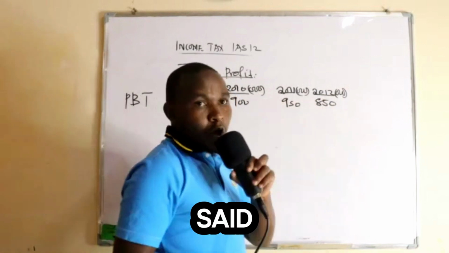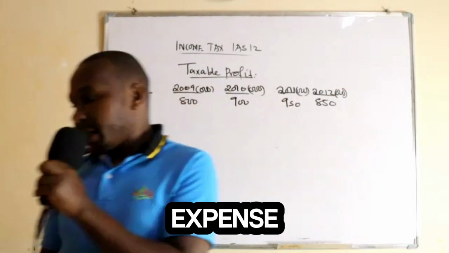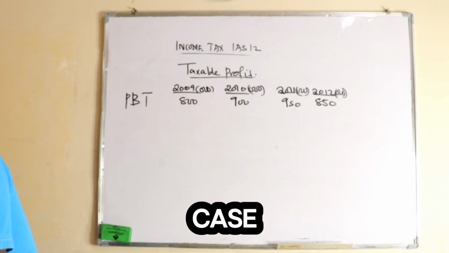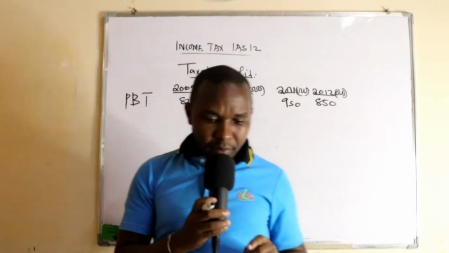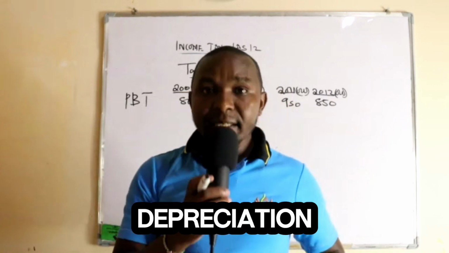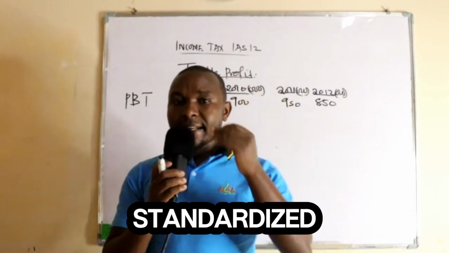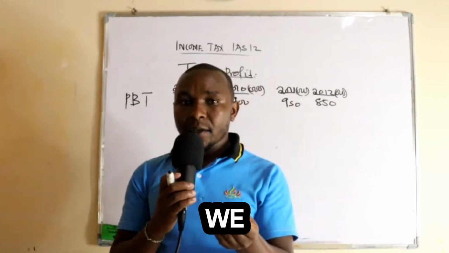We said we add back disallowable expense. So in our case, what is our disallowable expense here? The disallowable expense is depreciation. Remember, we use the standardized one, which is the capital allowance, that is wear and tear. We don't use depreciation.